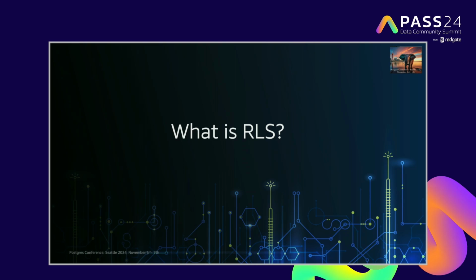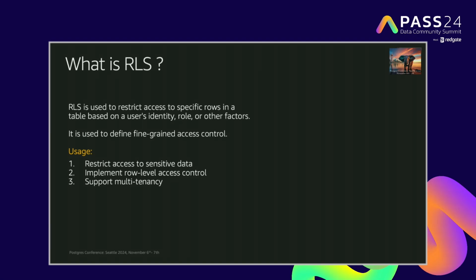PII and all of those things are becoming more relevant now, and those requirements are showing up. Then support multi-tenancy is another thing. If you have a model where you have multiple tenants sharing the environment, then you want to make sure that different tenants' data is isolated. And we'll talk more about multi-tenancy in a bit.